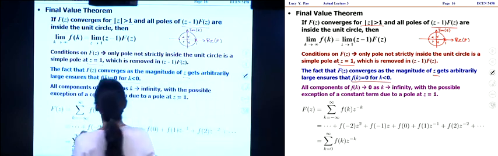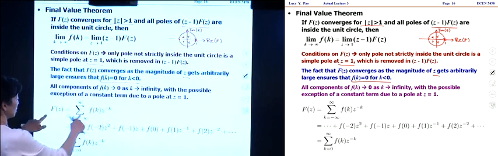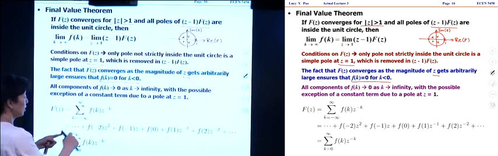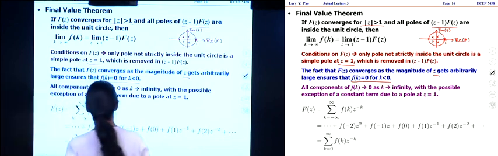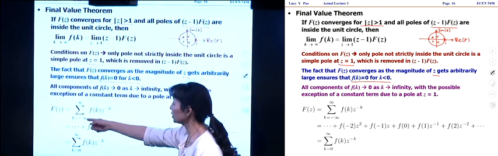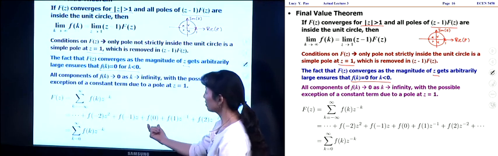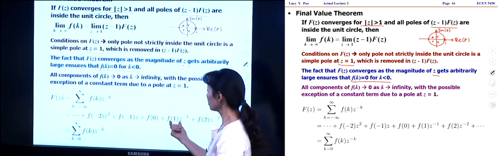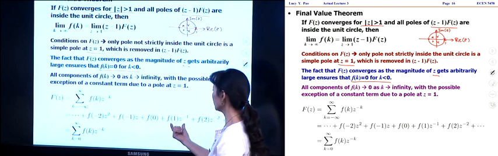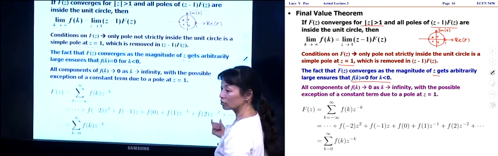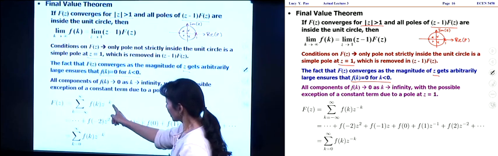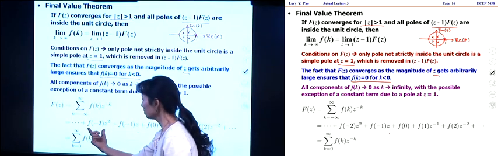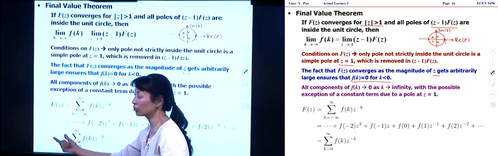Because if you take a look at the definition of the z transform, and look at the terms near k equal to 0: when k is equal to 0, the term is just f of 0. Then for positive k, you have f of 1 z inverse, f of 2 z to the minus 2, etc. Then for k negative, you'll have f of minus 1 times z plus f of minus 2 times z squared, etc.